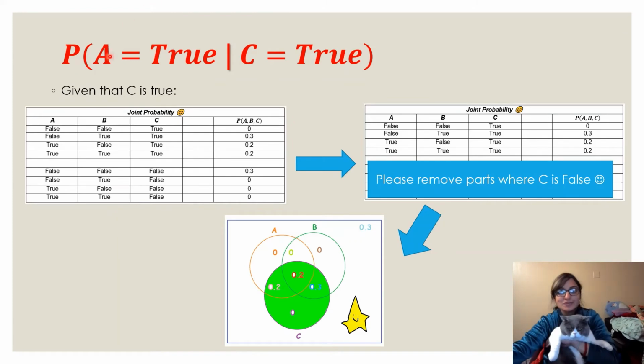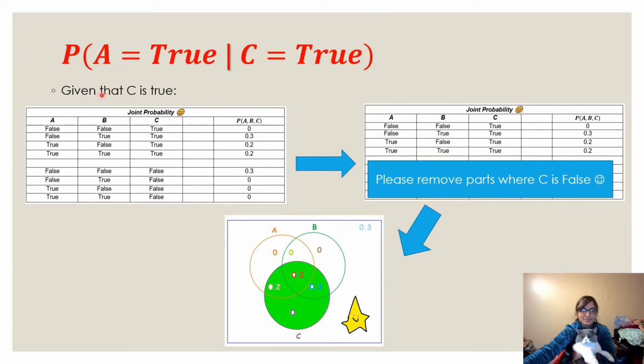And that's what we want to find here, the probability that A is true given that C is true. So we have all these 8 outcomes over here. We want to focus on when C is true, given that C is true. That's what we want to see. So that means that we're going to remove the points where C is false.